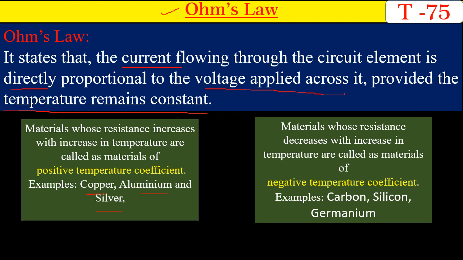Similarly, materials whose resistance decreases with the increase in temperature are called materials of negative temperature coefficient, for example, carbon, silicon, and germanium. So, Ohm's law is applicable when the resistance of the circuit element is constant.